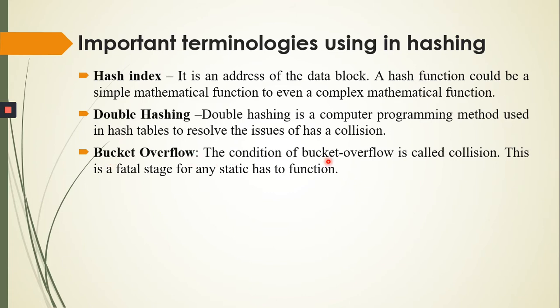The condition of bucket overflow is called collision. As I explained, for address 3, multiple data are waiting to be stored, and at a time we can add only one data. So this situation is known as a collision. This is the fatal stage for any static hash function. So collision is a problem of the hashing method.